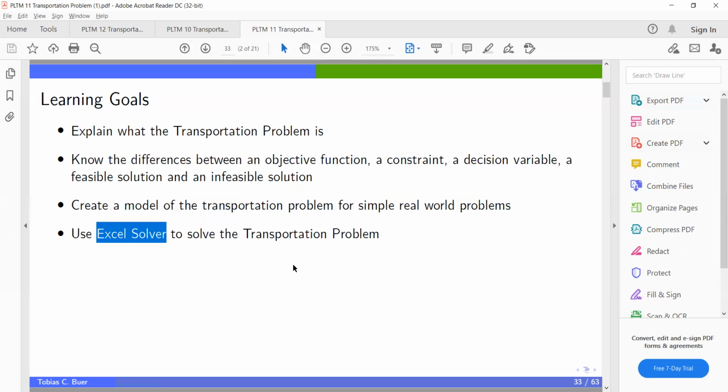This will be very beneficial to you because you become more familiar with using Excel. At the end of the day, many companies later want you to be an Excel crack. So every additional knowledge that you can gain in Excel is very beneficial for you. And here we enter the transportation problem in Excel and solve it.